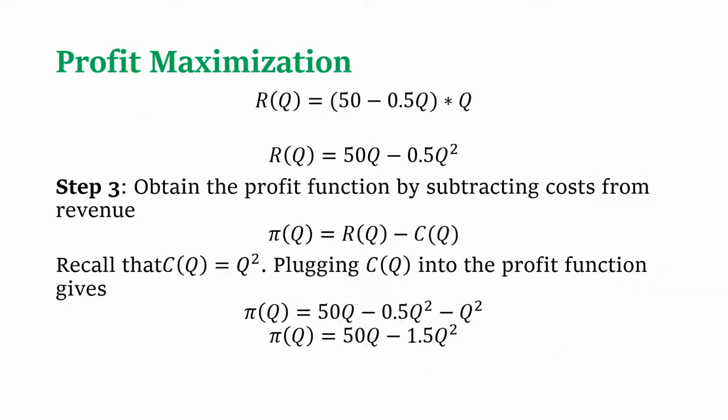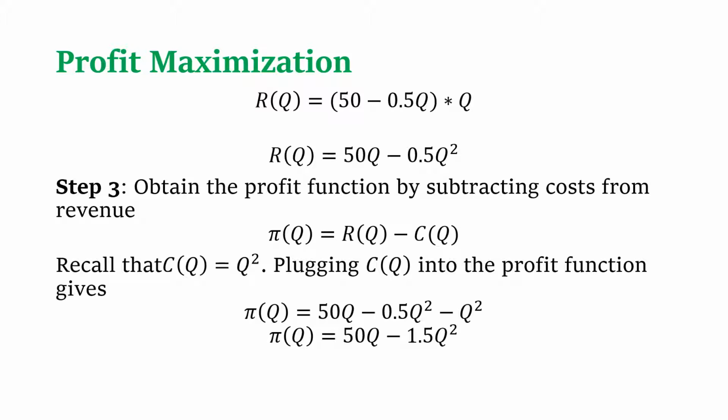So we have 50 minus 0.5Q multiplied by Q. You have 50 multiplied by Q minus 0.5 multiplied by Q squared. Q times Q is Q squared. So you have to be very careful with these signs. Please be careful with that, okay?